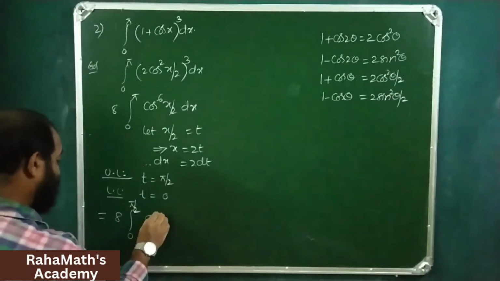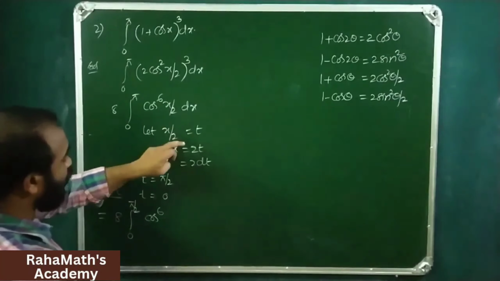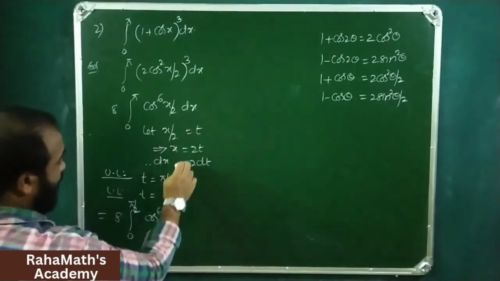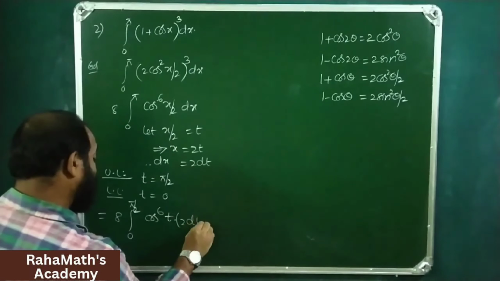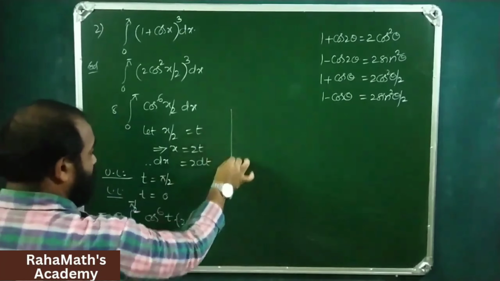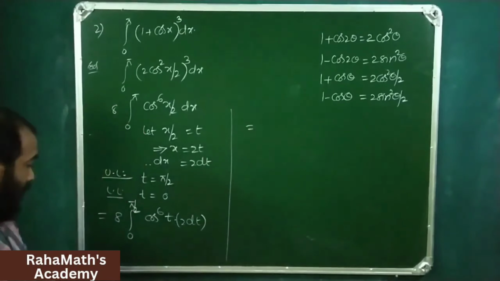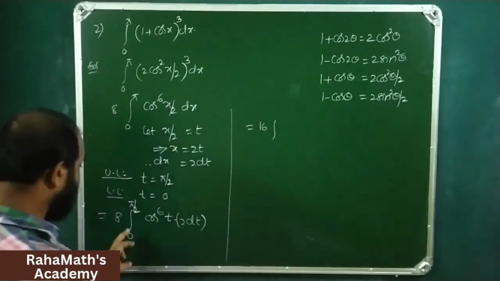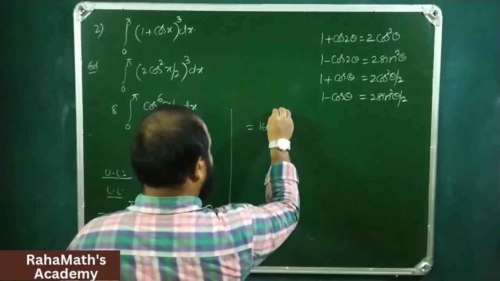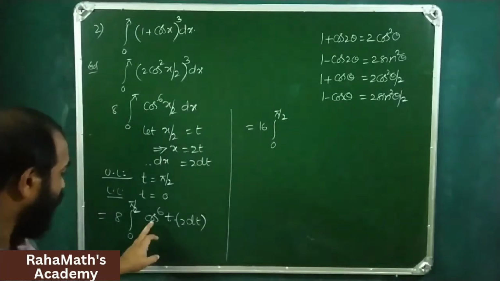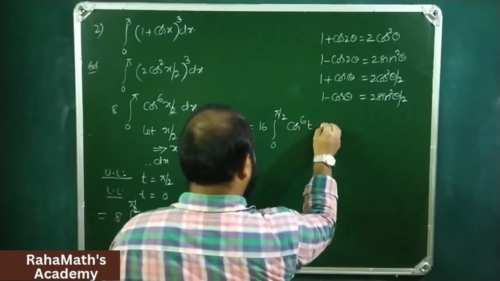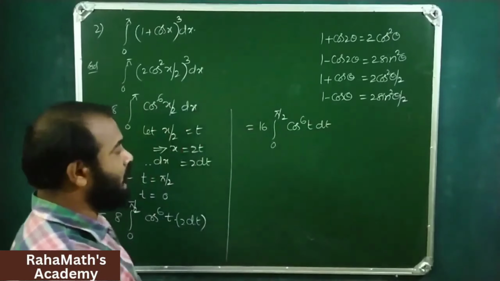So cos power 6 x by 2 is t, into dx value is 2 dt. So this is equals to 2 8s are 16, integral 0 to pi by 2, cos power 6 t dt.